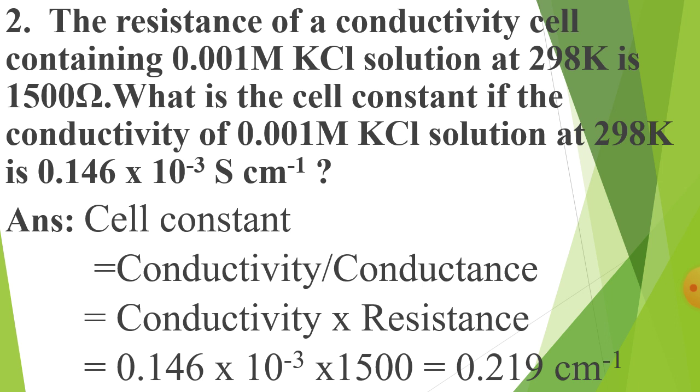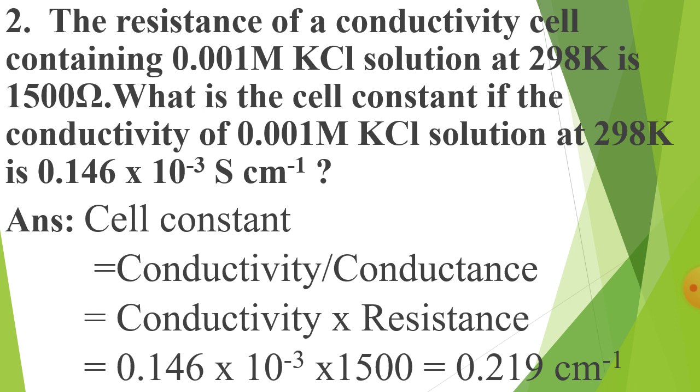Now the second question. The resistance of a conductivity cell containing 0.001 molar KCl solution at 298 Kelvin is 1500 ohm. So R is given and concentration is given; find the cell constant if the conductivity of 0.001 capital M KCl solution at 298 Kelvin is 0.146 into 10 to the power minus 3 Siemens per centimeter.